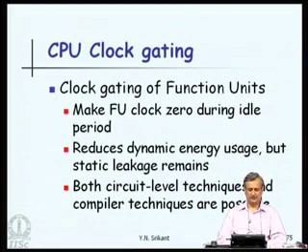If the clock is 0 during the idle period, then the clock energy would be reduced. It also reduces the dynamic energy of the function unit, because the function unit cannot run when the clock is 0. So, it reduces dynamic energy usage, but the static leakage remains. Not much can be done about it unless we cut the voltage of the function unit itself.